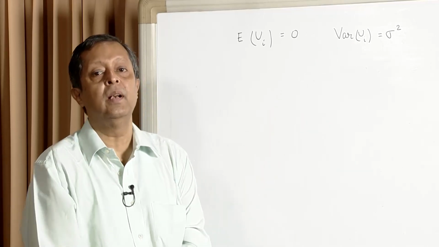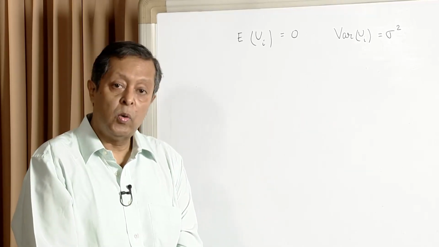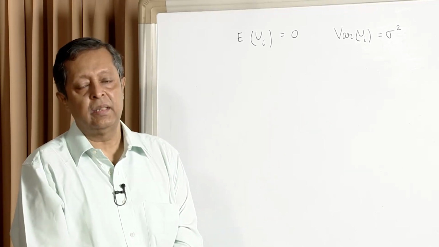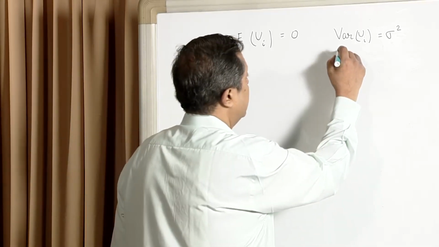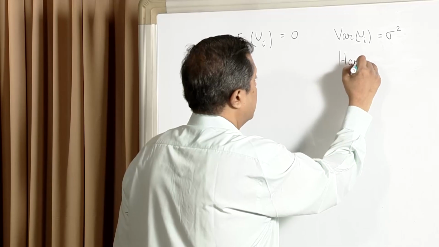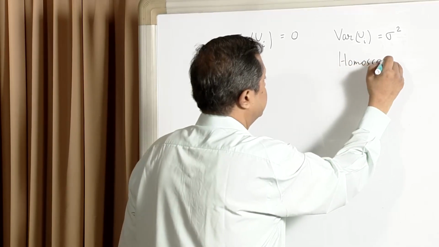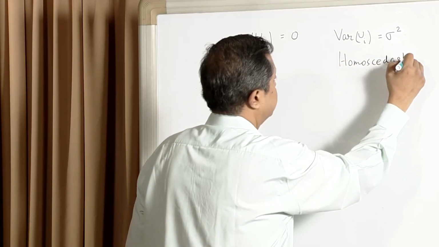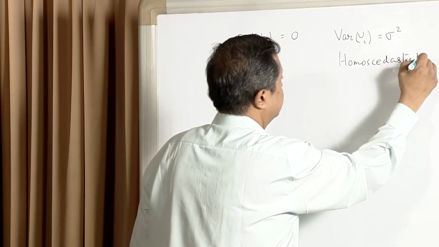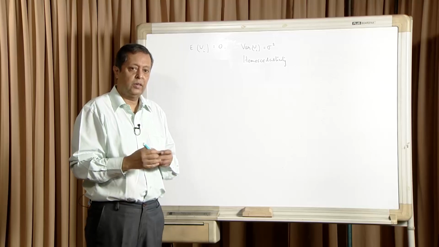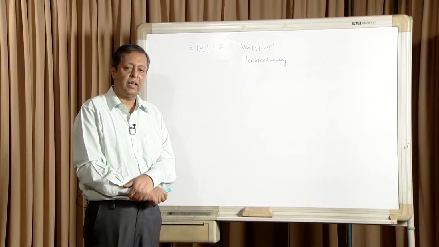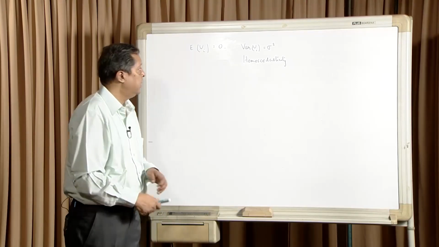So, this is known as homoscedasticity. The technical term is homoscedasticity, which is equal variance. So, each of the disturbance terms has equal variance.